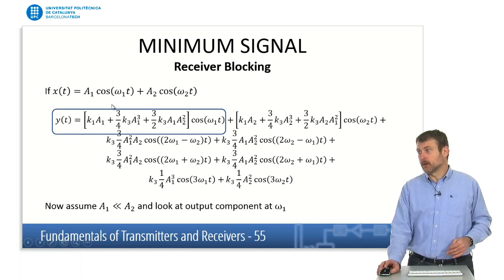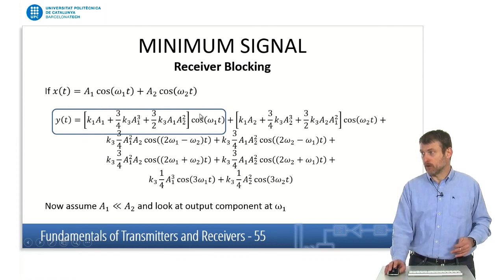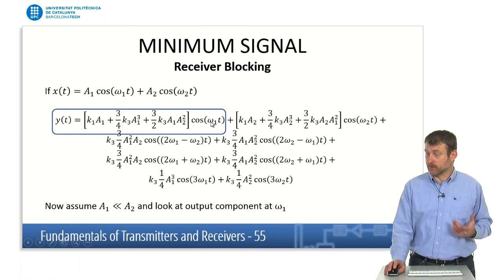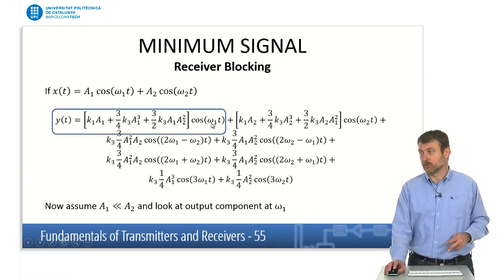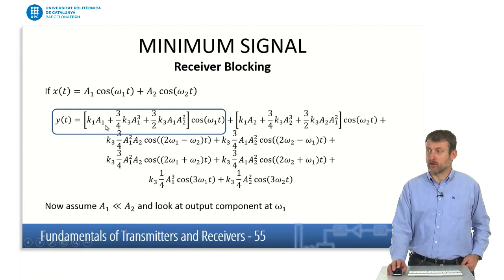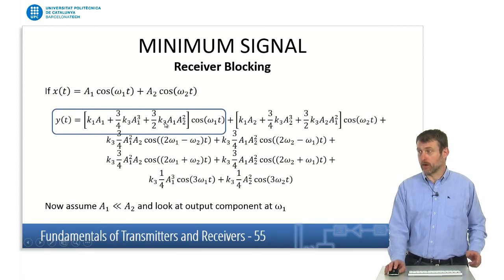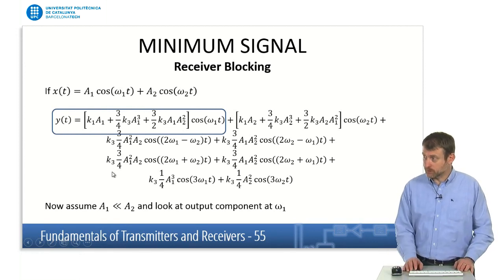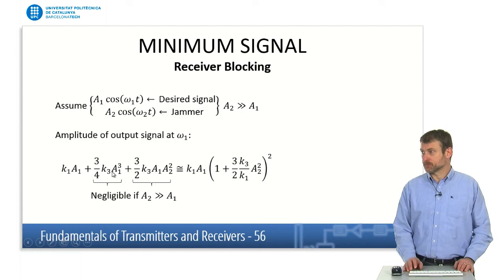In this case, if we focus on the output of our system at the frequency of our desired signal, we see that this amplitude depends not only on A1, which would be this term and this term, but also on the product of A1 by A2 squared, right? And recall that A2 is much stronger than A1. So let's look at what happens in this case.